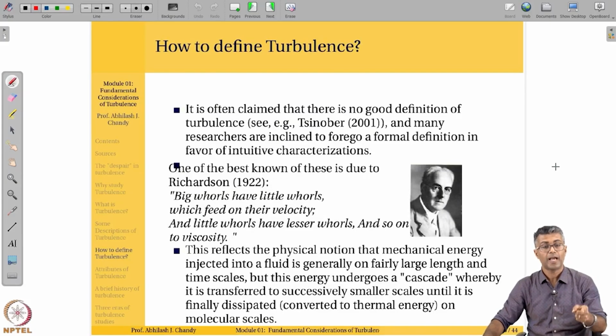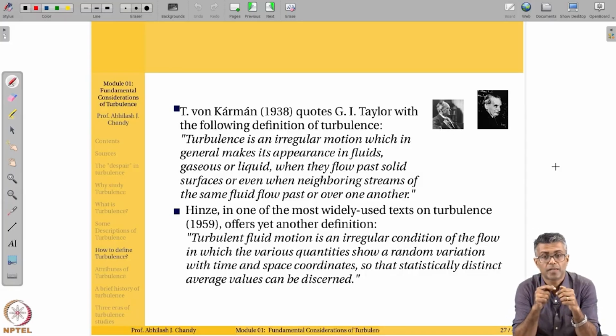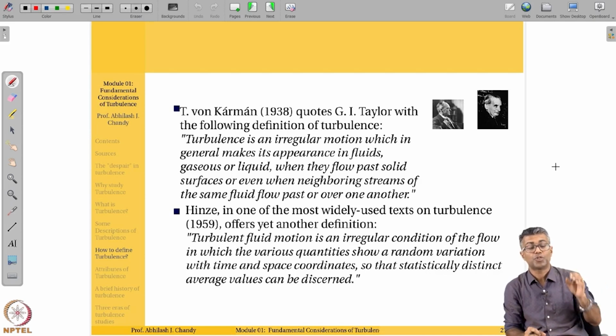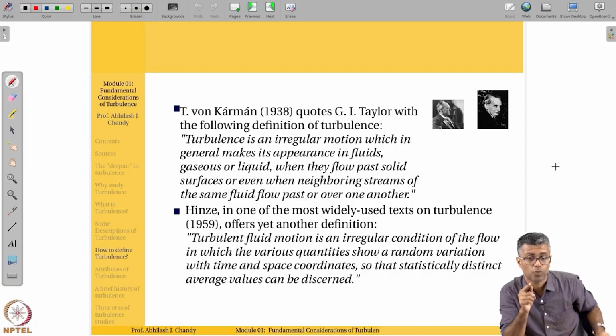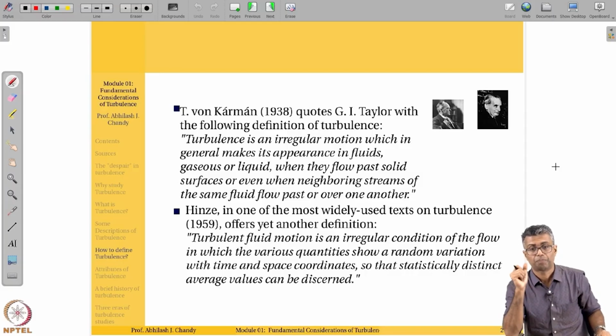But that was Richardson's definition and then Taylor's definition. Now, Hinze, in one of his widely used texts on turbulence, offers another definition. Turbulent fluid motion is an irregular condition of the flow, just like what von Karman said, in which various quantities show a random variation with time and space coordinates so that statistically distinct average values can be discerned.